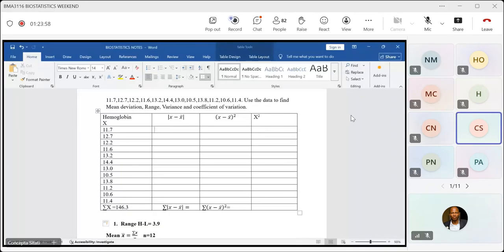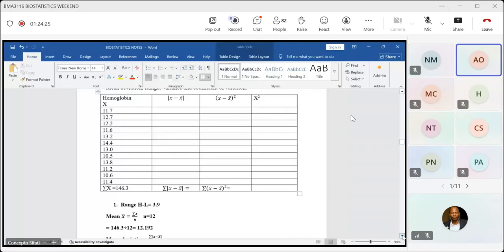Did you carry your calculator? 11.7 minus the mean, which is 12, gives negative 0.49.